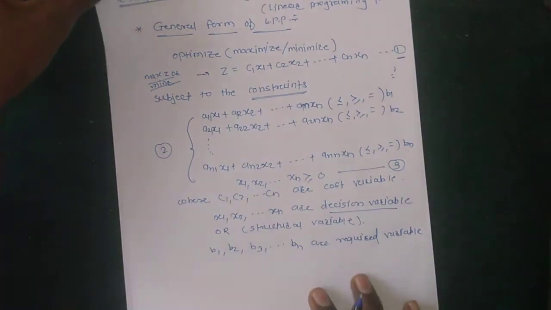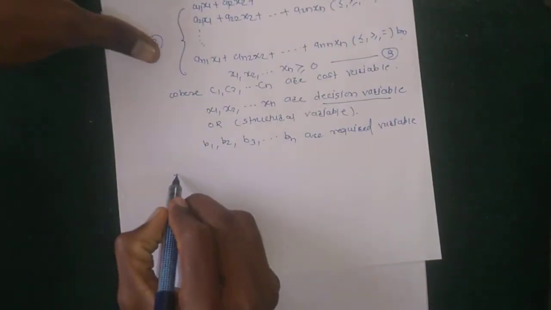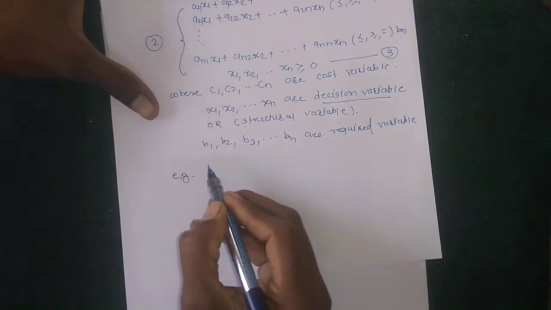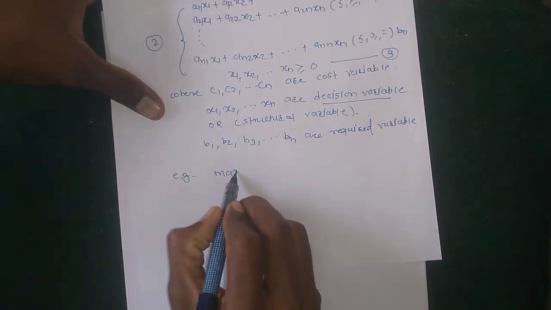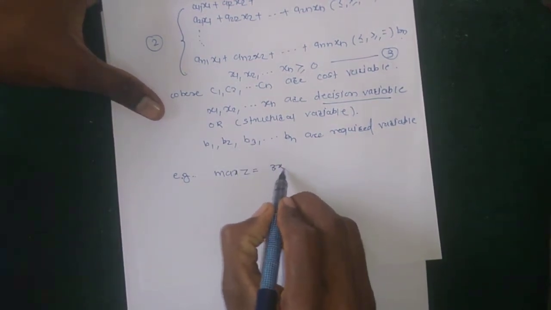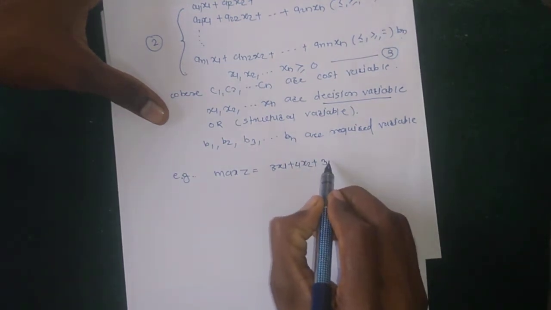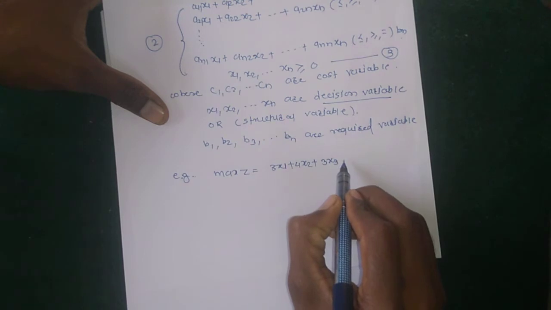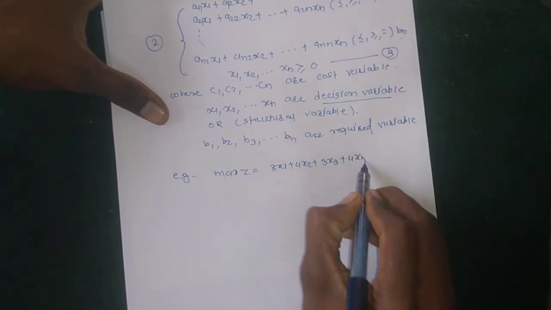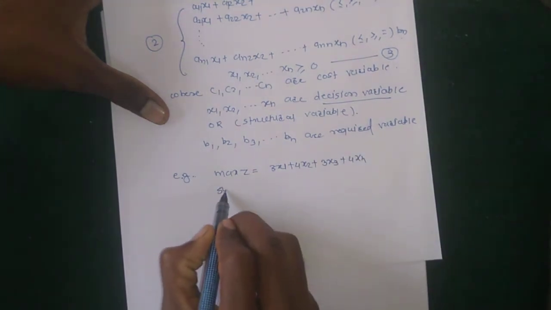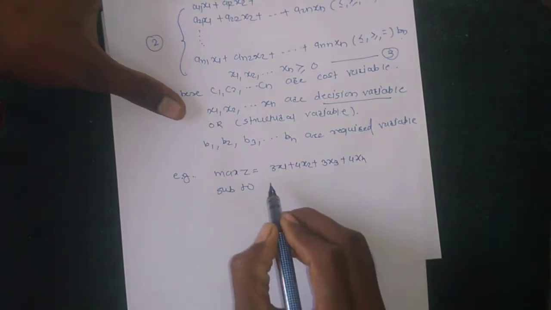For example, maximum Z is equal to 3x1 plus 4x2 plus 3x3 plus 4x4, subject to the constraints.